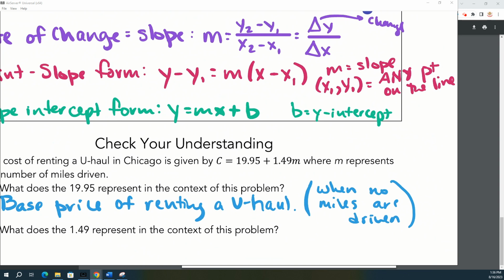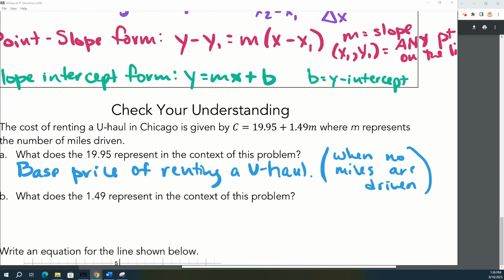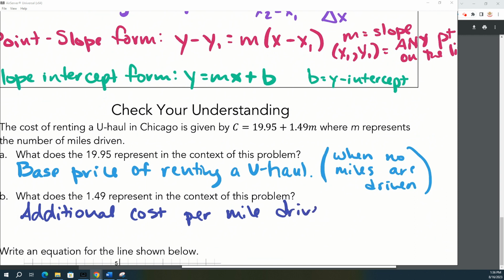Per mile after buying the U-Haul. Very good. It's the additional cost per mile. All right, you guys are good. Professional interpreters.